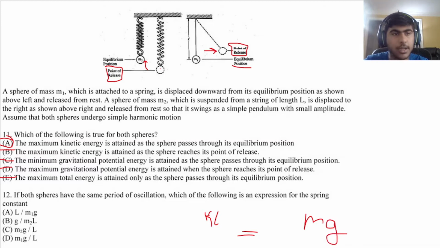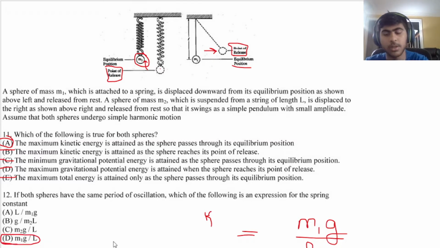And then divide by L to just end up with k. So mg over L. Now remember, this is the mass of the spring, as you can see here, m1. This is m1g over L. That is answer choice D, and we are complete with that one.